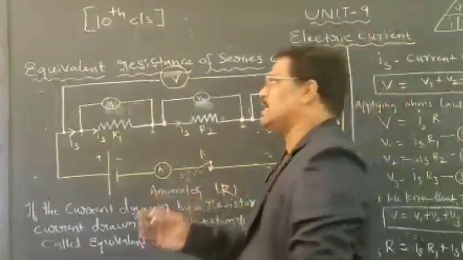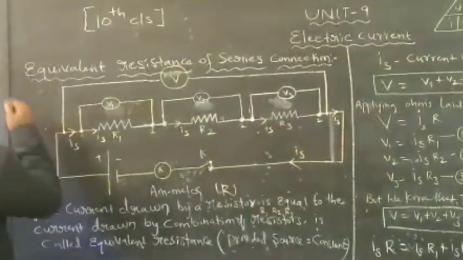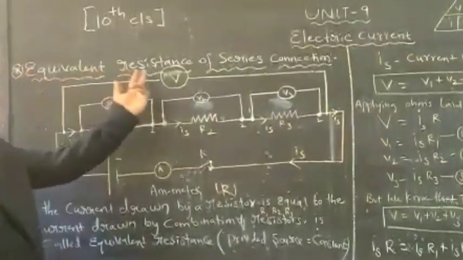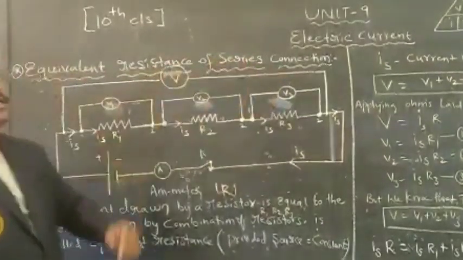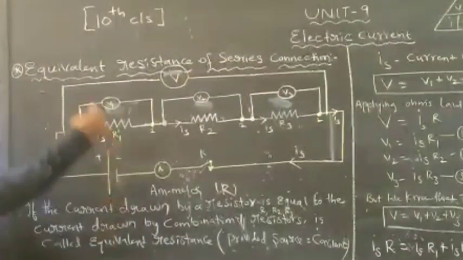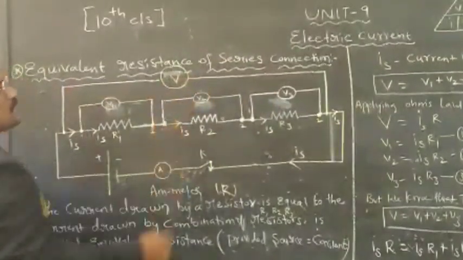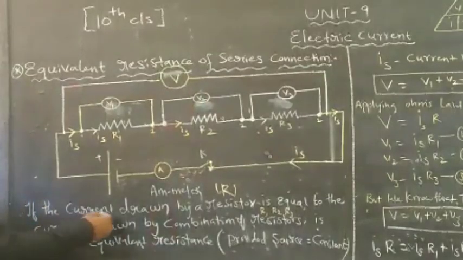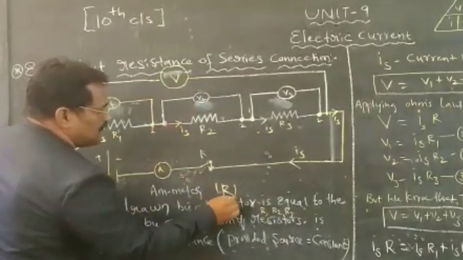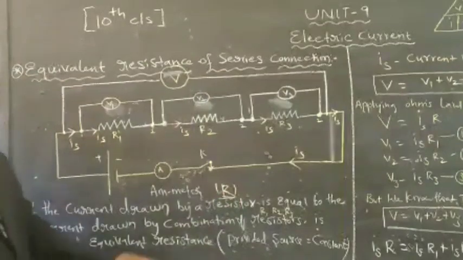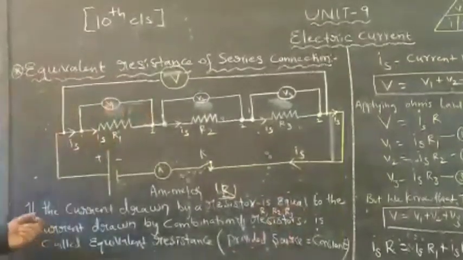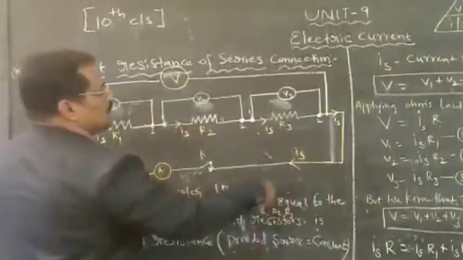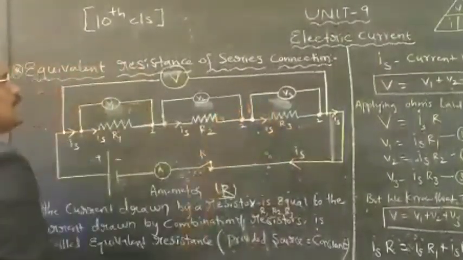Related to that particular series connection concept, one more topic is there. That topic is equivalent resistance of series connection. What is meant by equivalent resistance of series connection? The current drawn through a resistor R, capital R, is equal to the current drawn through resistance wire R1, R2, R3.